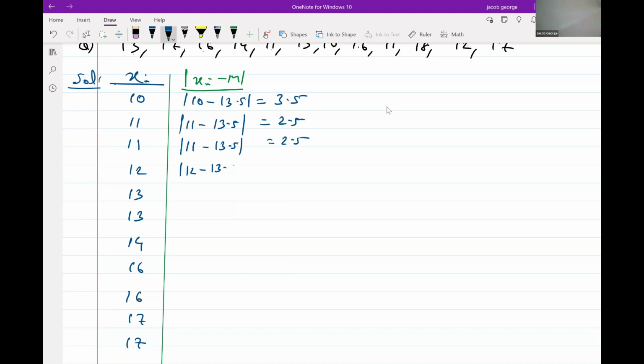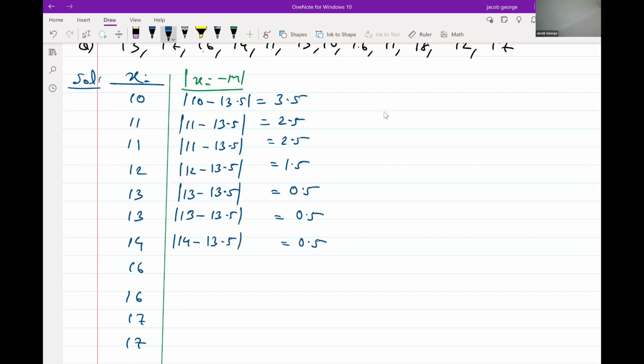Modulus 12 minus 13.5 is equal to 1.5. Modulus 13 minus 13.5 is 0.5. Modulus 14 minus 13.5 is 0.5.